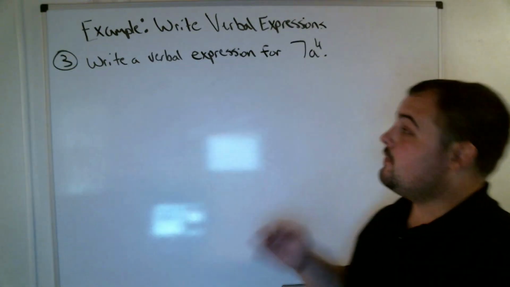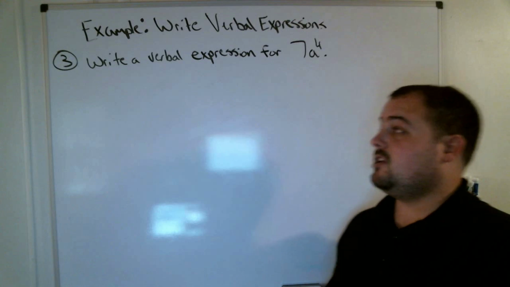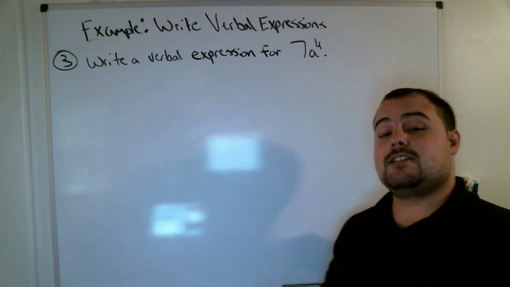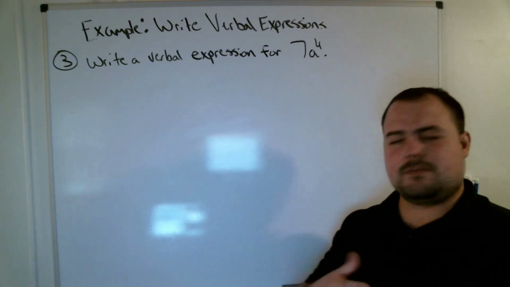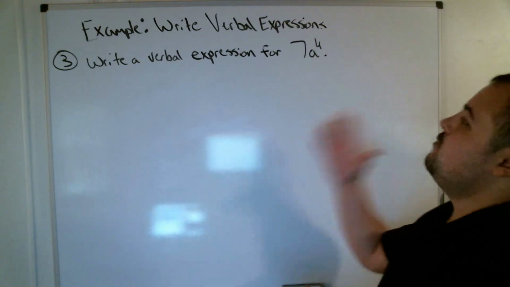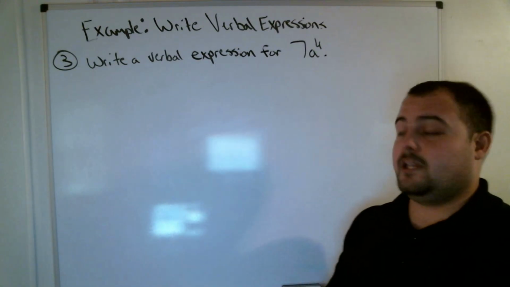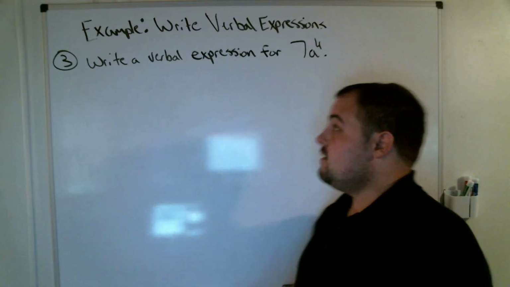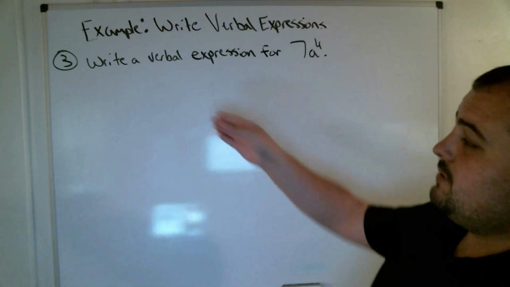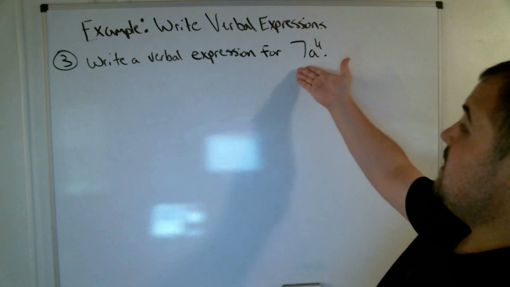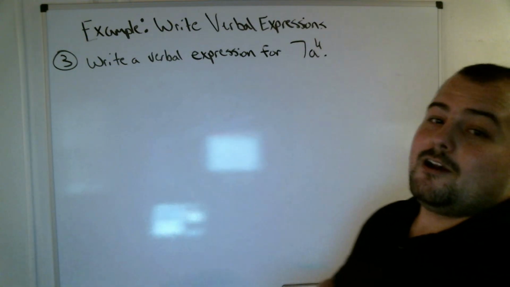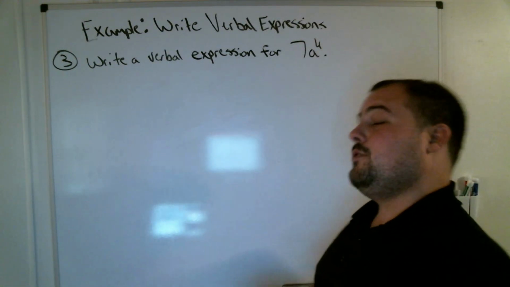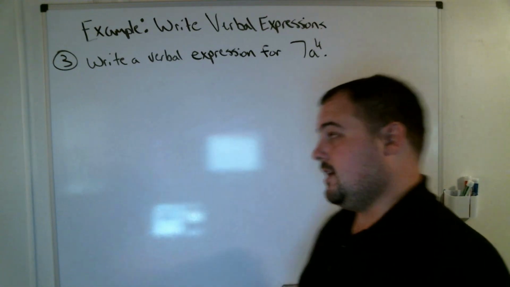Alright guys, for the third example, I'd really like you to pause the video and try this example on your own. See if you can use some of the things that we just talked about to be able to write this verbally, how you would say it on your own. Alright, let's go through this. So when reading the problem again, we would say, write a verbal expression for 7a to the 4th power. We can't just say a to the 4th power. We still got to say what's happening between 7 and a.